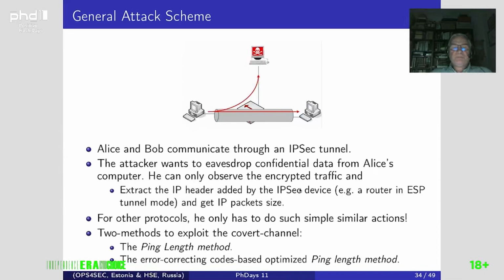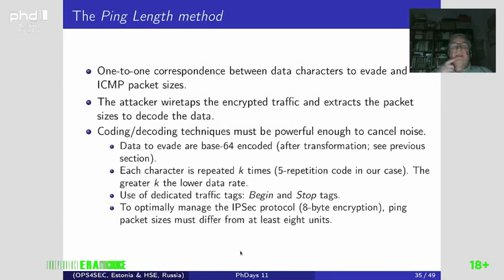So we are going to use a pinglex method and an optimized one. First, we have built a one-to-one correspondence between the data character to exfiltrate and the ICMP packet size, because most protocols do not practice padding.